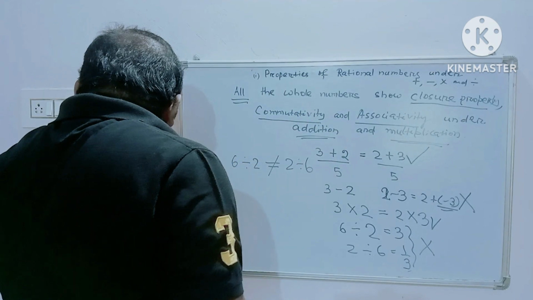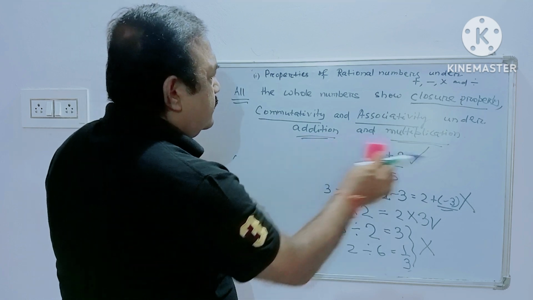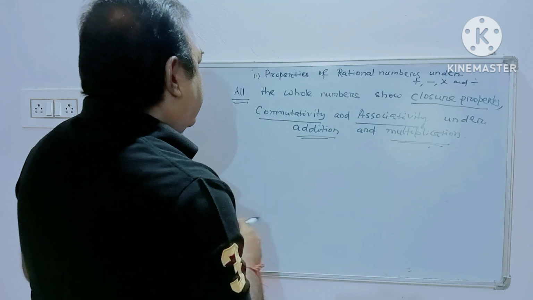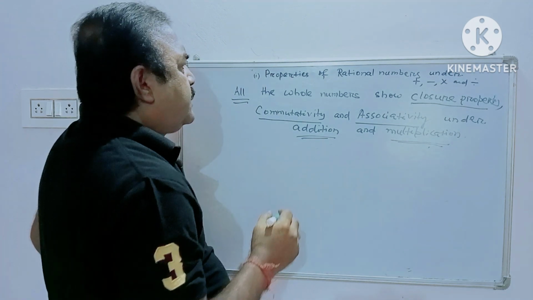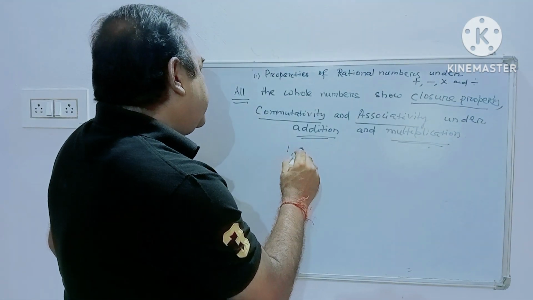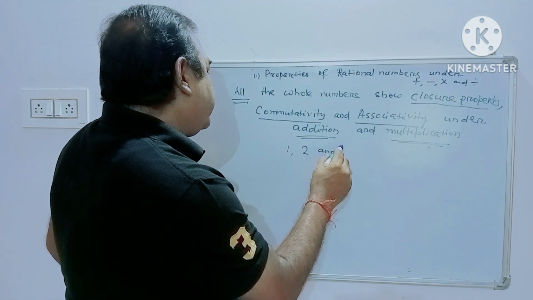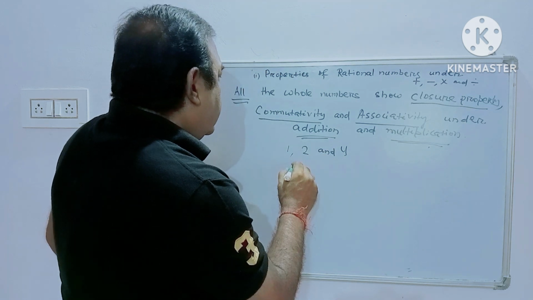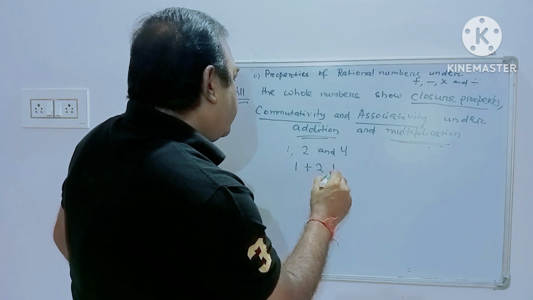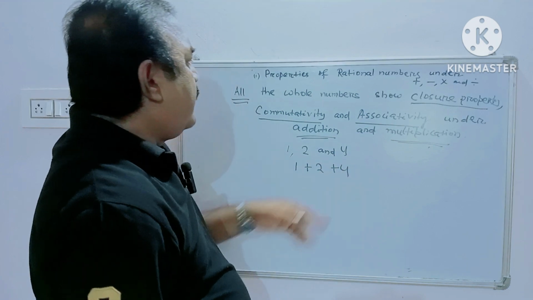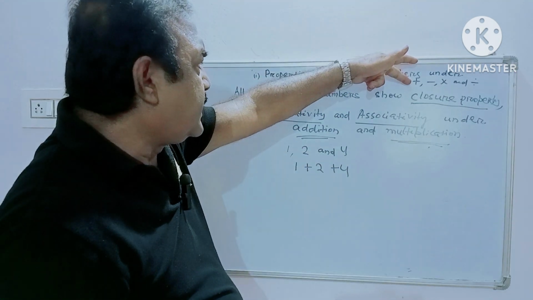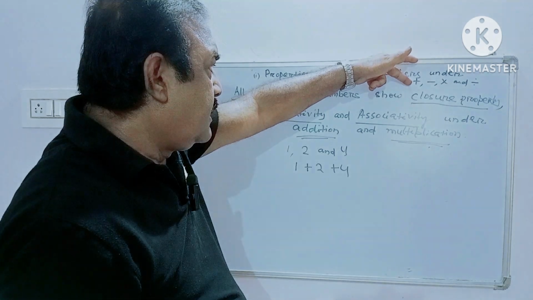Then we will come to associativity. I will take 3 whole numbers, suppose 1, 2 and 4. I have to prove the associative property, so I will take the basic operation addition here.